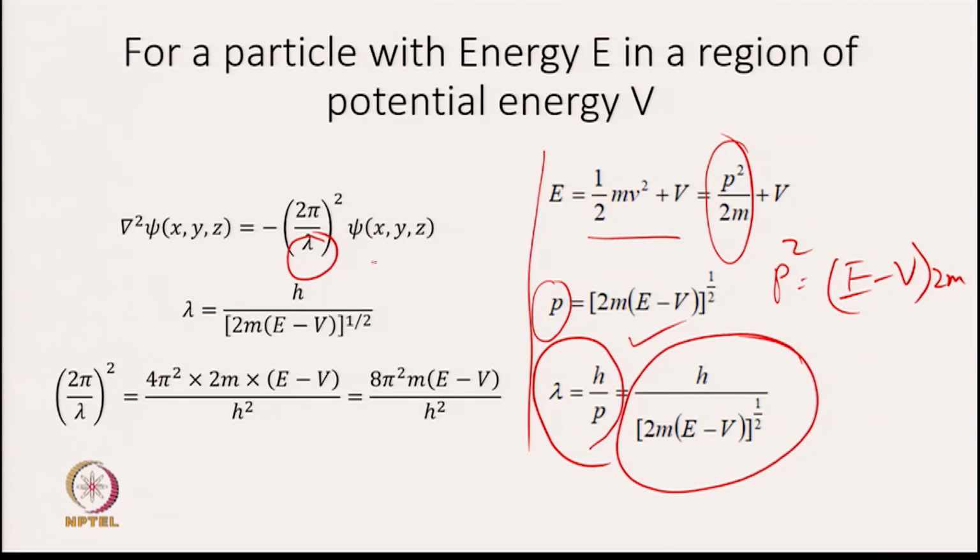So, when you replace this lambda by this expression, what you will get is 4 pi square by lambda square will be 8 pi square m(E minus V) by h square.